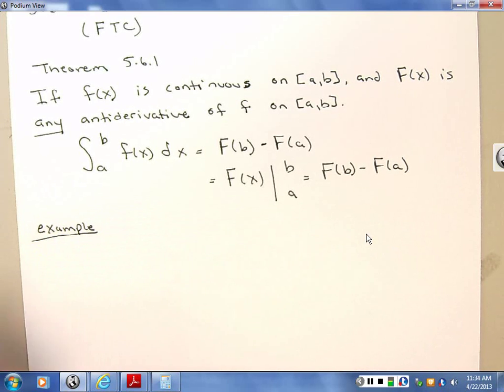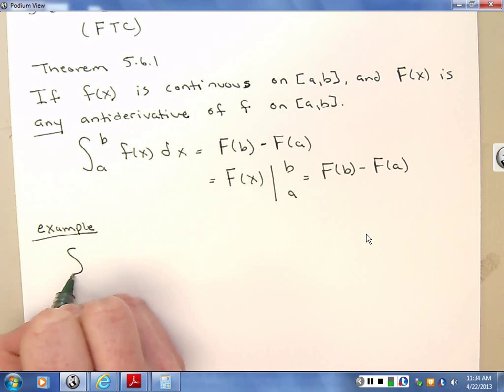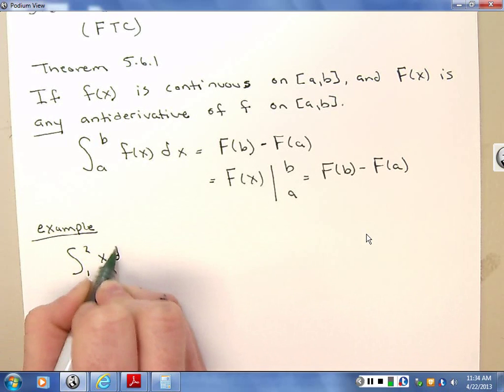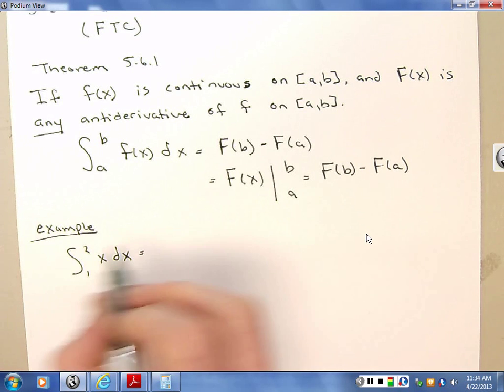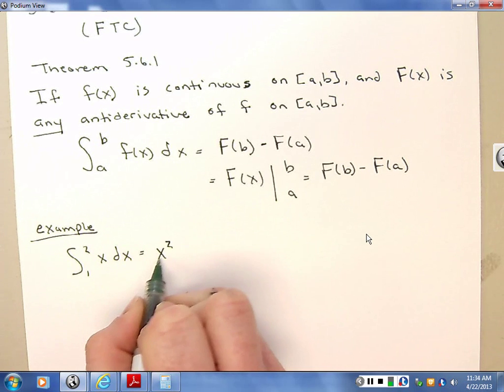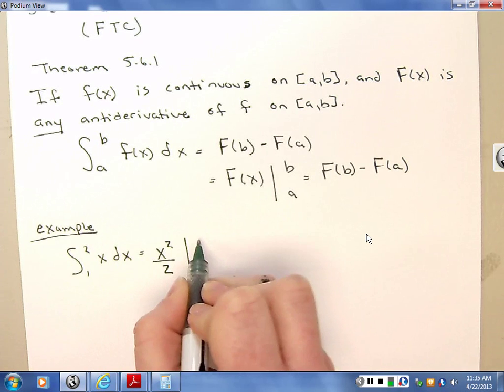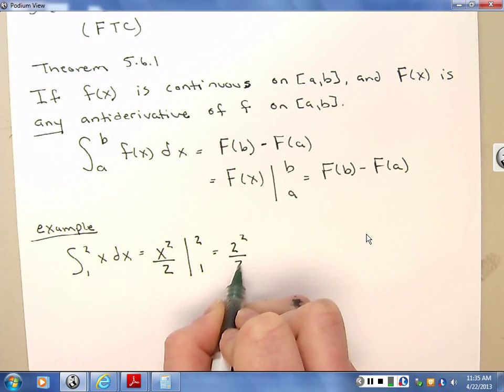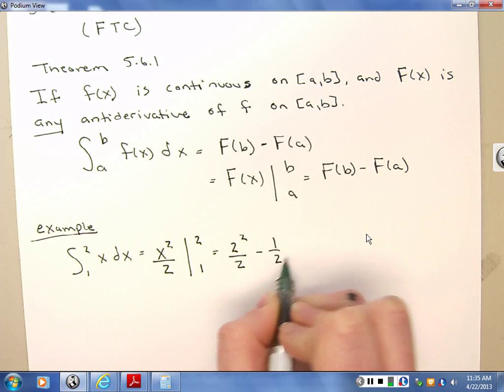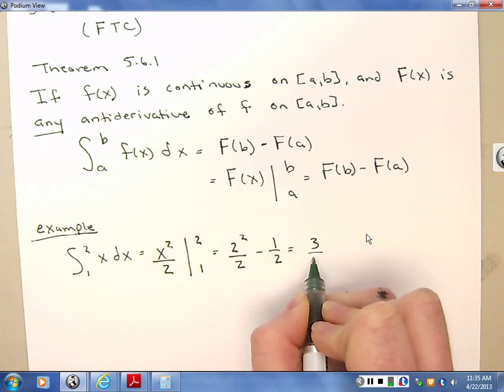Last time when we talked about the geometry, we integrated x from 1 to 2. Right? But now what this means, to find the area underneath this curve, we don't have to draw it. We can use calculus. The calculus says that I find the antiderivative, and I plug in my upper bound minus my lower bound. So 2 squared over 2 minus 1 over 2, which would equal 3 over 2.